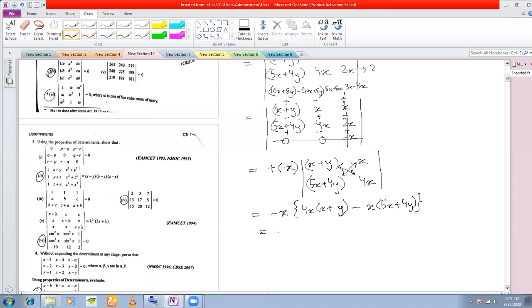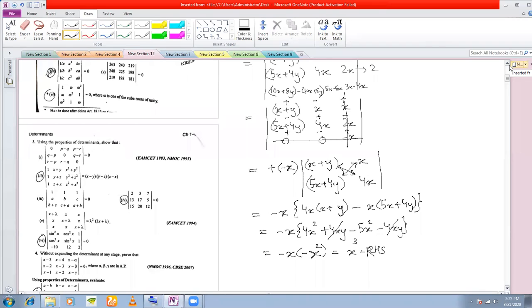Okay, so this becomes minus x times 4x square plus 4xy minus 5x square minus 4xy. So this and this cancel. So you get minus x into minus x square. 4x square minus 5x square is minus x square. So you get x cube, which is equal to RHS.